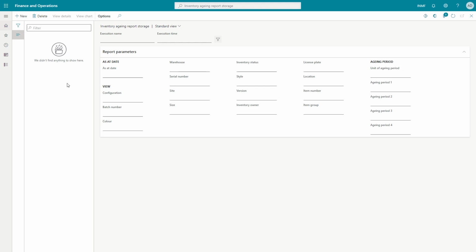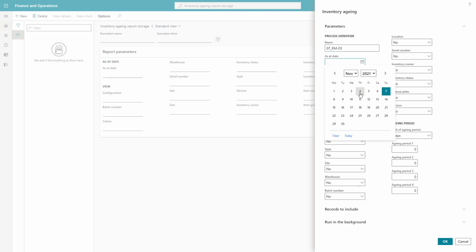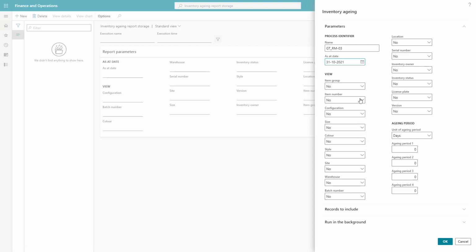Let me run the new report. Underscore RM dash 03. I want to generate the aging as on 31st of October. I want to see item group, item number. Product dimension I'm not using right now.